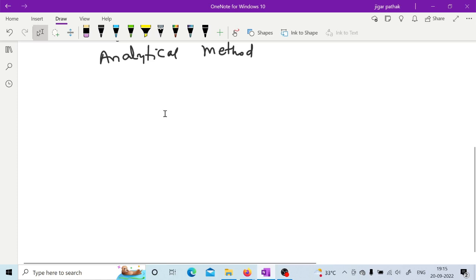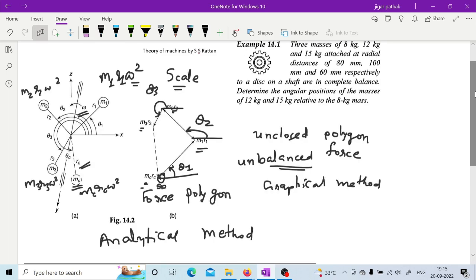Sir, in the graphical method, how do we find the unbalanced force? So that is what I have told you, no? See, here this M1 R1, M2 R2 and M3 R3 are nothing but representing the centrifugal forces due to those unbalanced masses, right?